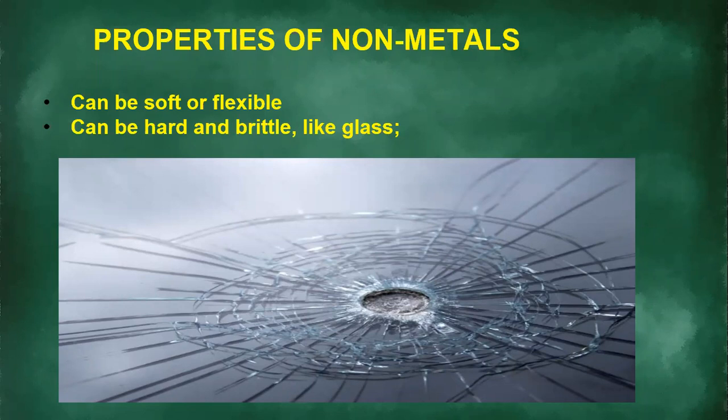And they can also be very hard and they can also be brittle like glass, meaning they break easily, okay? So they can either be soft or flexible. They can either be hard or brittle. Like a ruler, yes, a ruler is very flexible.